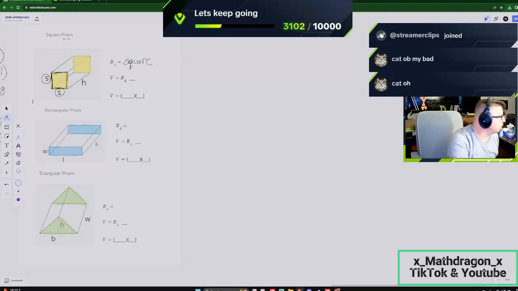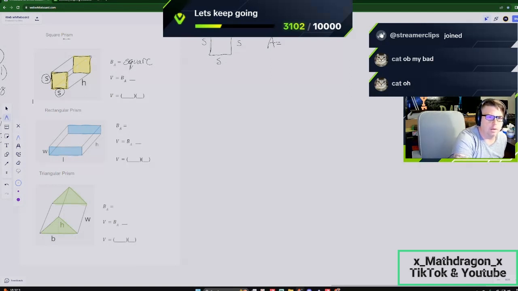Oh, I bet. No worries. So we have a square here. We have a square in the front and a square in the back. Okay. So when we look at just a square, it has the same side length all the way around. And if we want to find the area of a square, we would do it just like a rectangle.